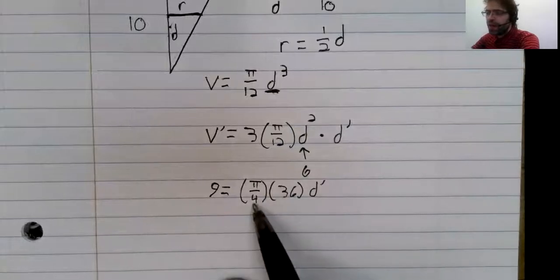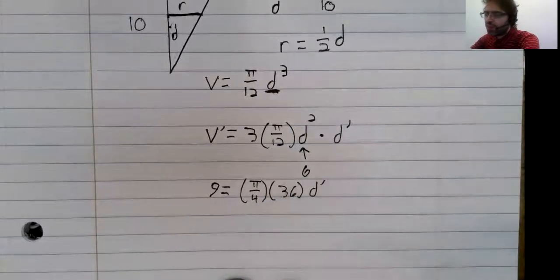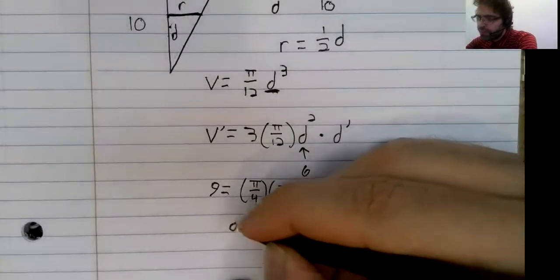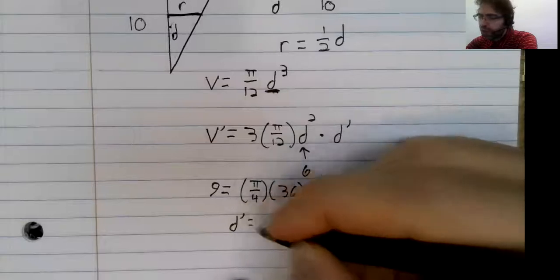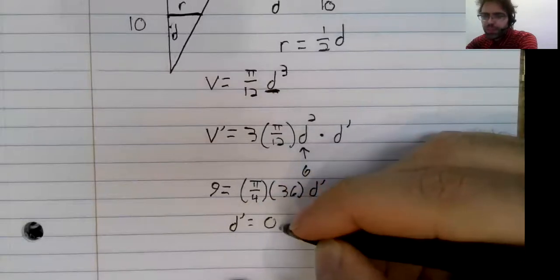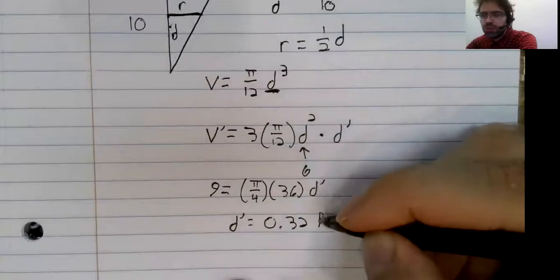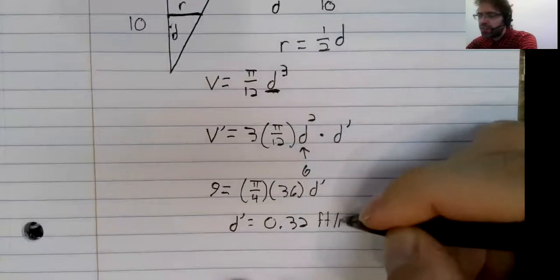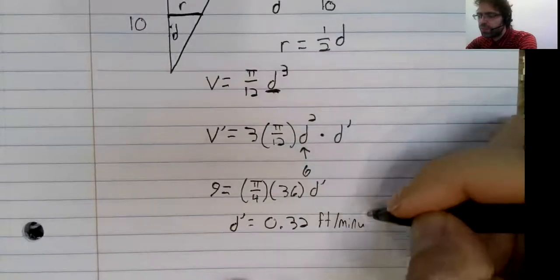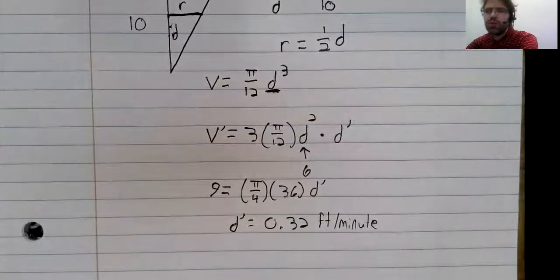And if we divide both sides of this equation, d prime is 0.32 feet per minute.